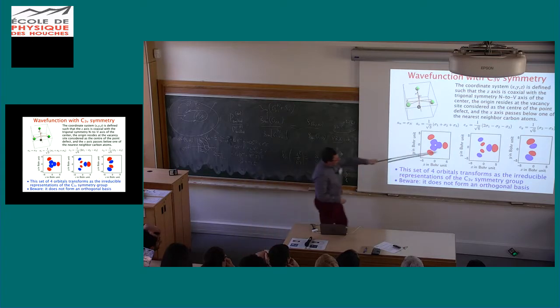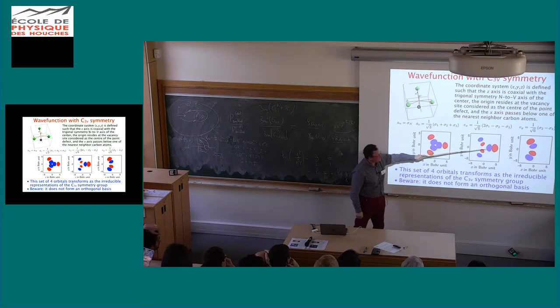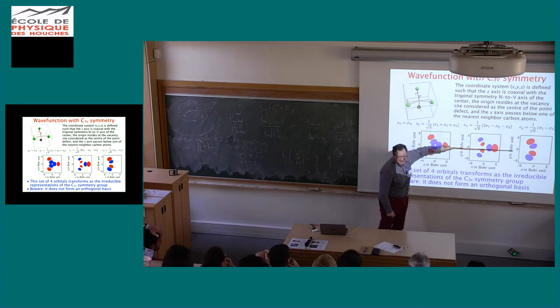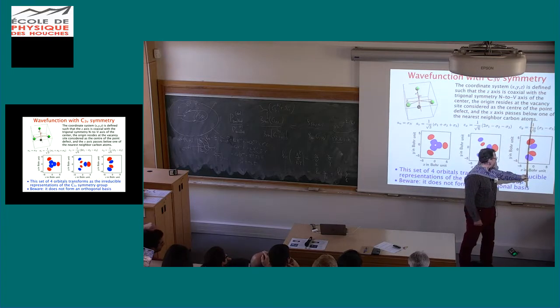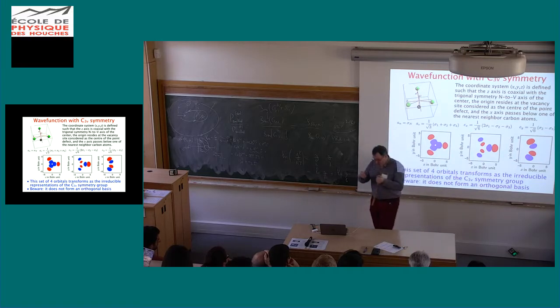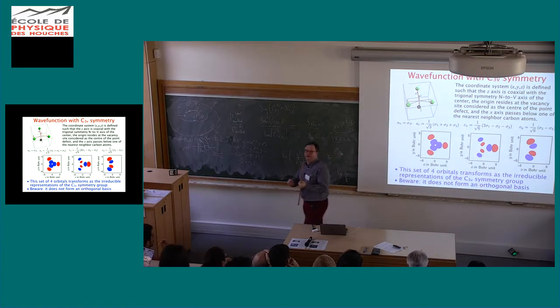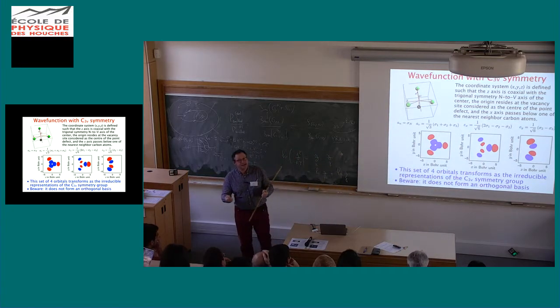If I take, for instance, this orbital, you see that there is a mean electric dipole, a static one, which is along the x-axis. And when you look at that one, there is also a mean electric dipole on the y-axis, perpendicular to the other. This means that these two orbitals will have a permanent electric dipole.